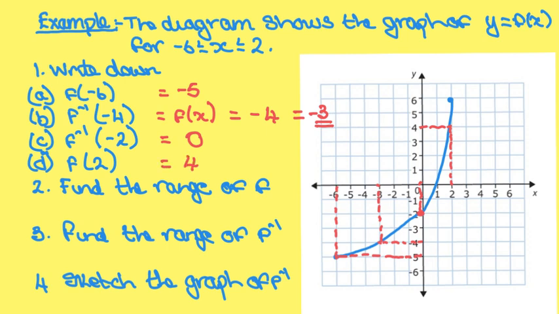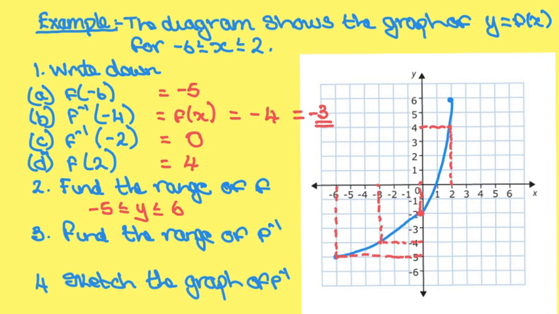E. Find the range of f. Well, that's my original graph. So my range goes from -5 to 6. So my range is -5 less than or equal to y less than or equal to 6.